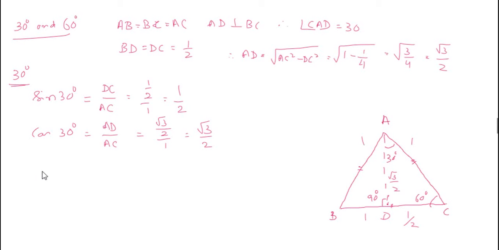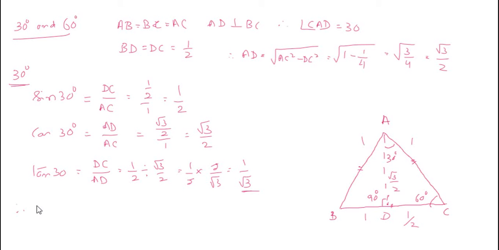Now tan 30 is opposite side DC by adjacent side AD. So DC is half divided by root 3 by 2 is equal to half into 2 divided by root 3, 2 cancels, so it is 1 by root 3.